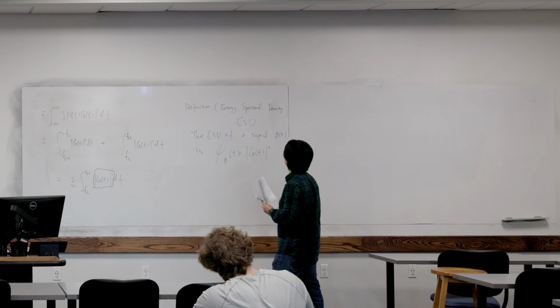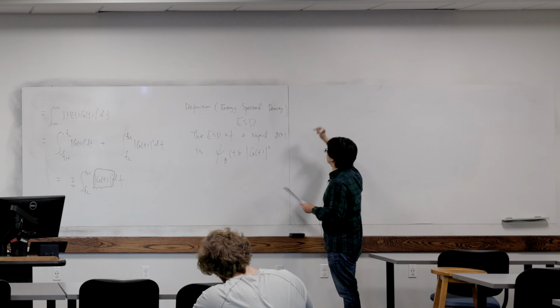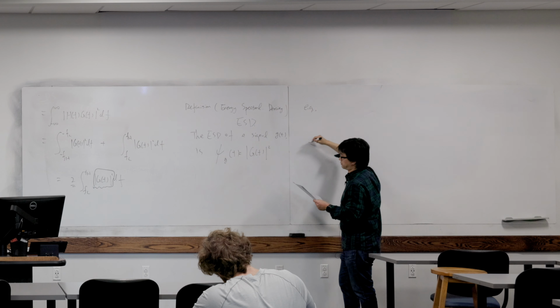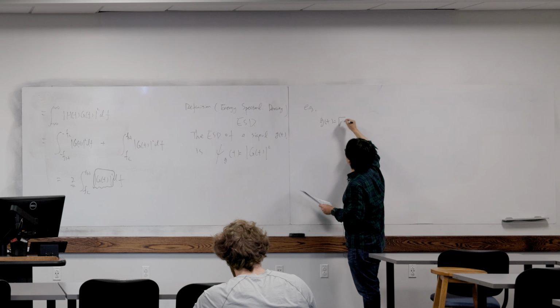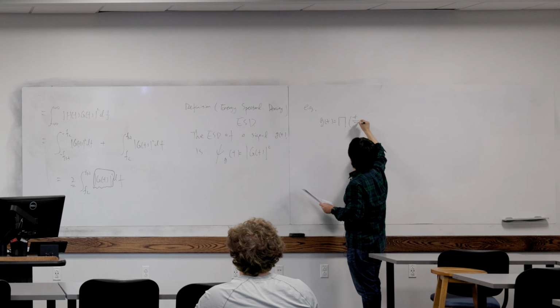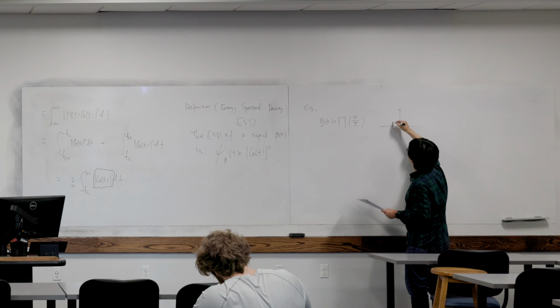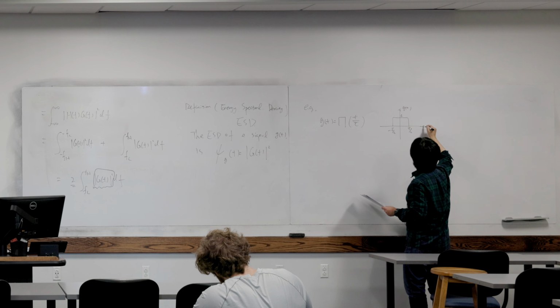Okay, let's see a very straightforward example. We have seen this kind of thing before. What if g(t) is a rectangle signal, rect(t over tau)? It basically looks like this: we have 1 here, tau over 2 here, minus tau over 2 here, and then t.